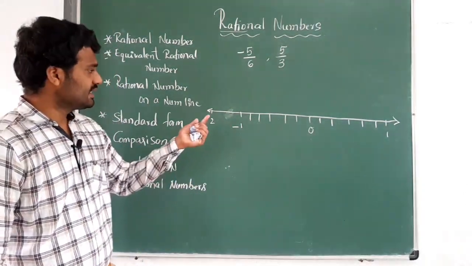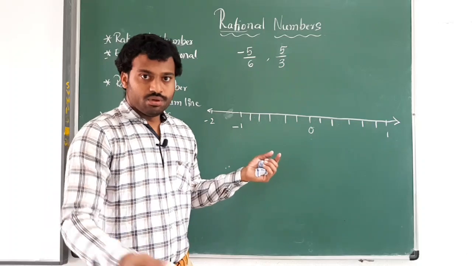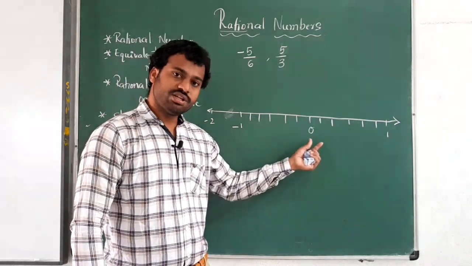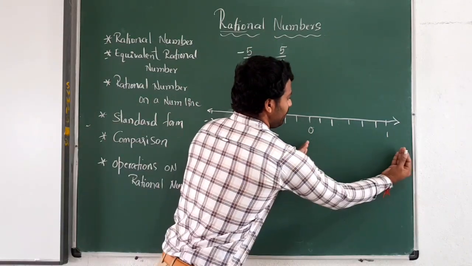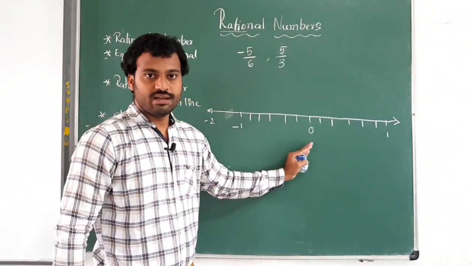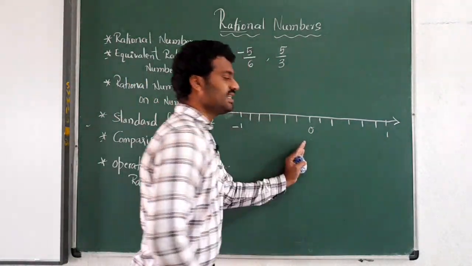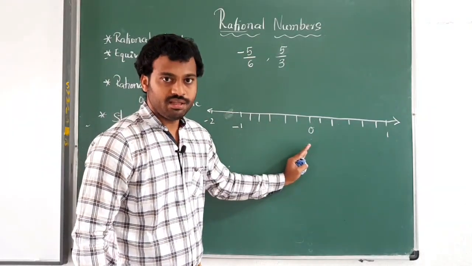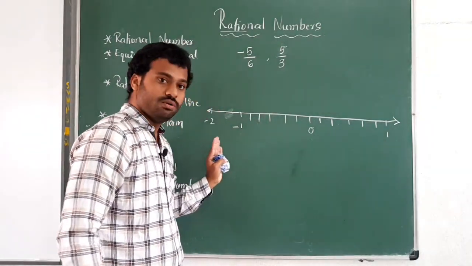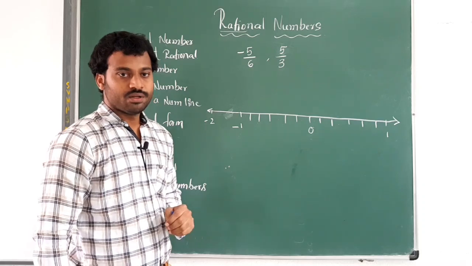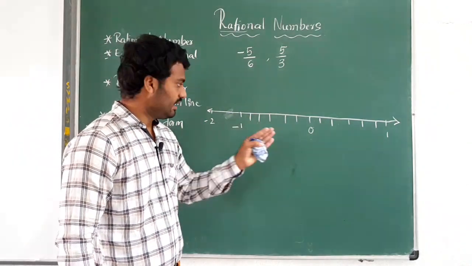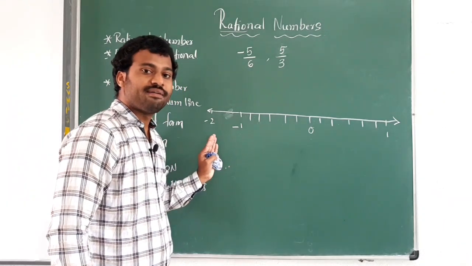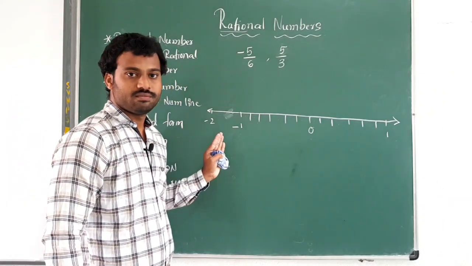So the thing is, we learned already the representation of natural numbers and whole numbers: the right side of 0. Clear or not? The right side of 0 will have positive numbers. The left side of 0 will have negative numbers. So are we trying to represent a positive number or a negative number? Negative number. So the left side of 0.